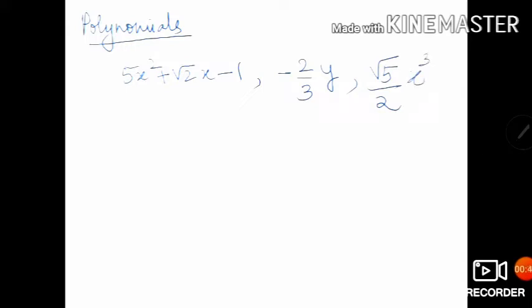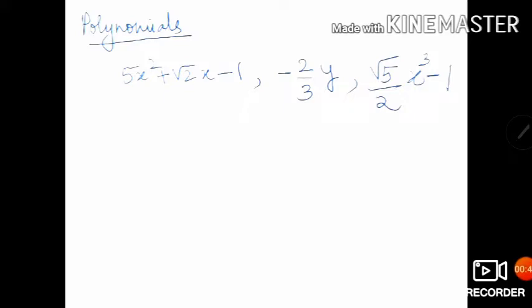Let's consider some examples. 5x square plus root 2x minus 1, minus 2 upon 3 y, root 5 upon 2 x to the power 3 minus 1.